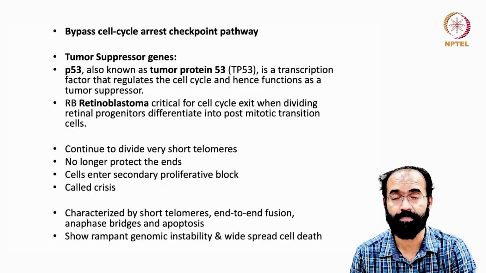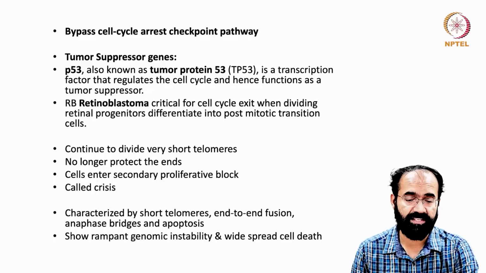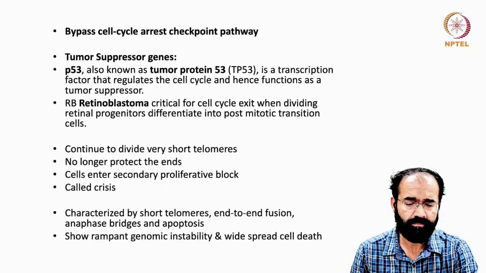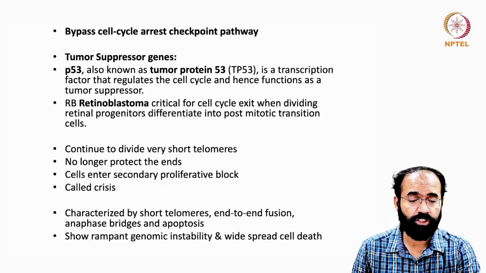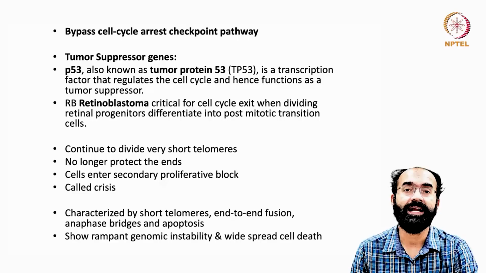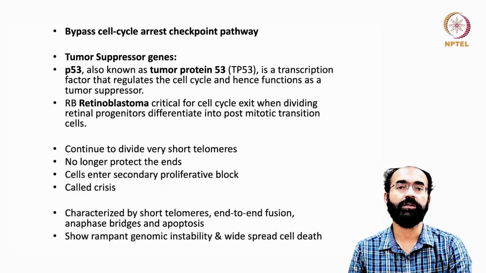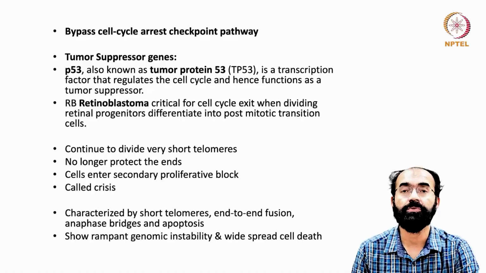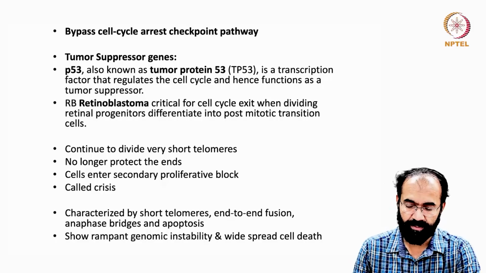Telophase is where they literally separate. That is the final stage. So they will have problems with anaphase, and they show rampant genomic instability and widespread cell death will happen. So this can lead to real complications, eventually giving rise to a cancerous phenotype.